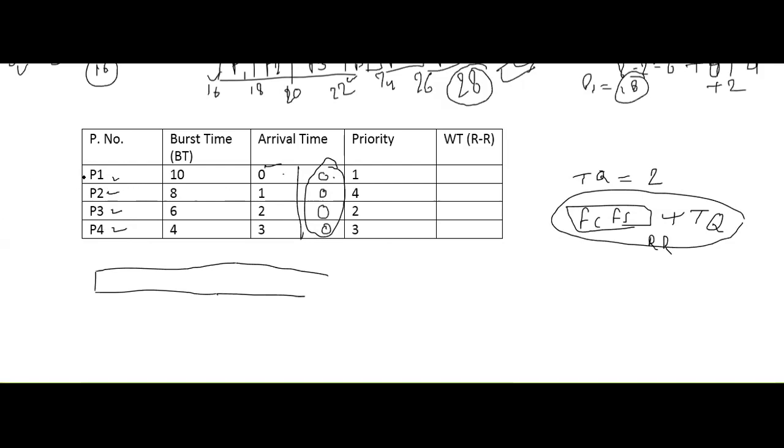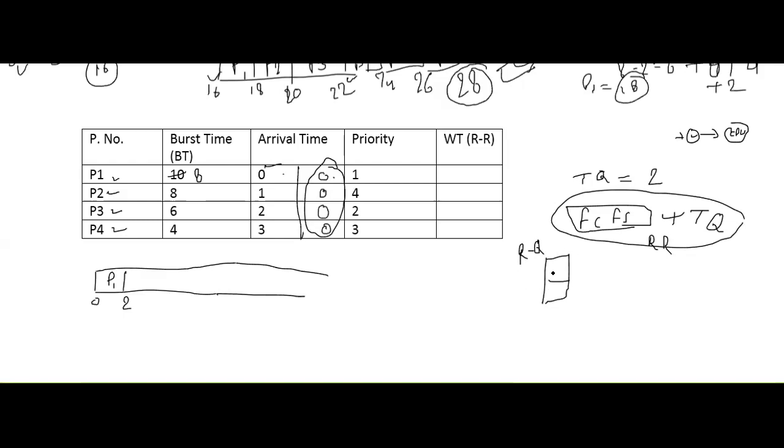The process which arrived first will get the chance for execution first. So P1 got a chance for execution up to 2 units of time. Now at 2 units of time, here is my ready queue. We covered in our state transition diagram that the ready queue is a queue in the ready state through which you send processes into the CPU for running.